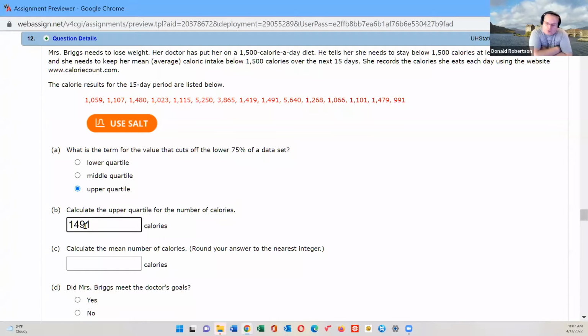Now, according to her diet, shouldn't that be less than 1,500, right? That was one of the restrictions that the doctor gave her. So she's okay for that one. Now, the next thing that we need to find is the mean number of calories.